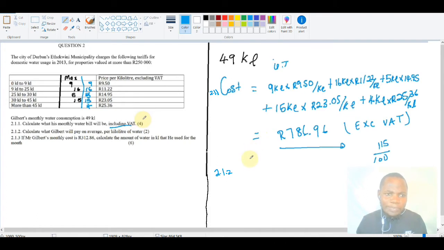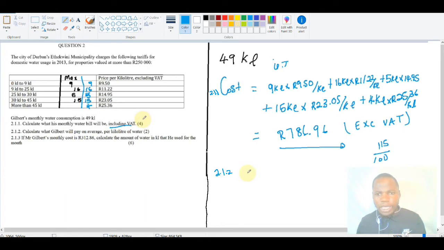So now the next question is saying, okay, now we calculated our cost. Now the next question is asking us, calculate what Gilbert will pay on average per kiloliter of water. Now to do this, you take your cost and divide by your amount of water.